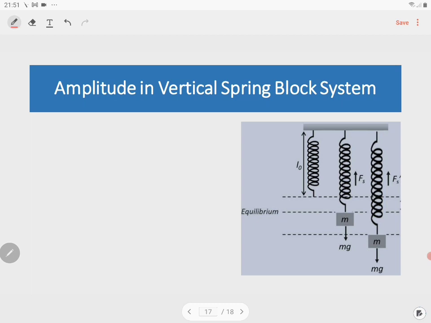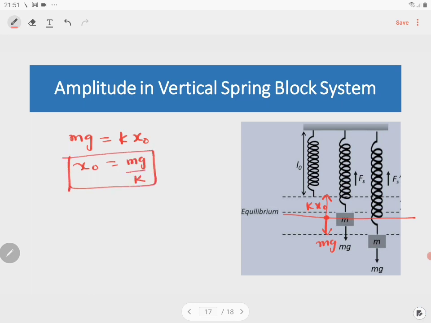In the equilibrium position, you can write mg is equal to kx naught. So that is the equilibrium position. mg is equal to kx naught, or x naught is equal to mg divided by k. This is the equilibrium elongation.